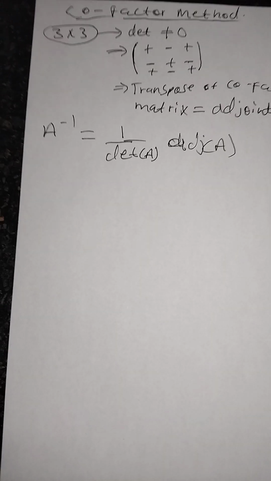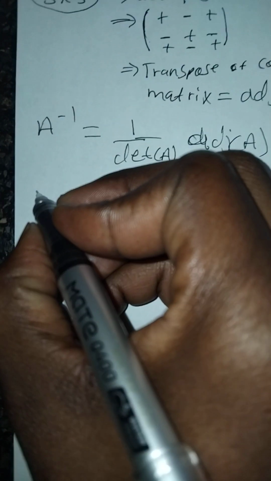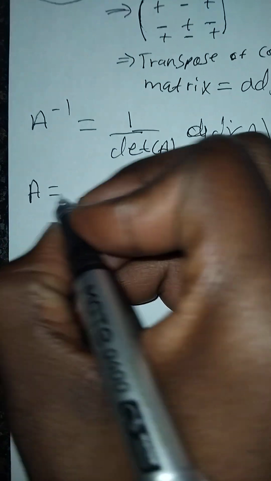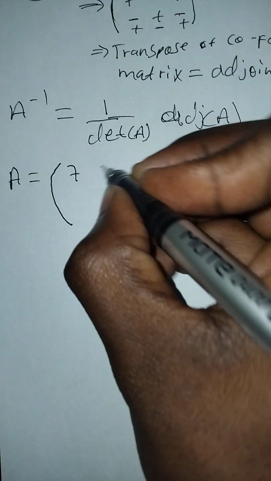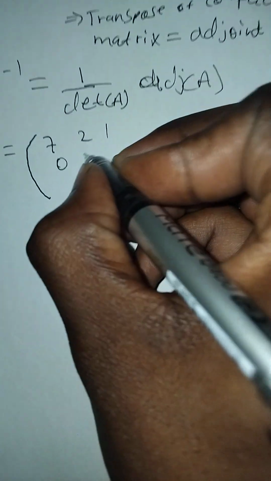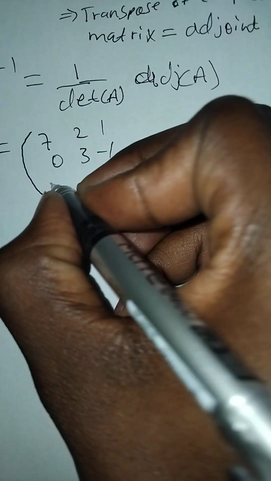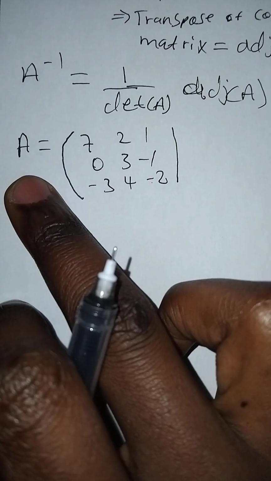Okay, so let's look at an example. Let's suppose you are given matrix A with the entries 7, 2, 1, 0, 3, minus 1, minus 3, 4, minus 2, like that, and we want to find the inverse of this matrix.